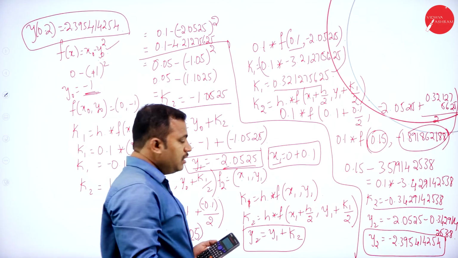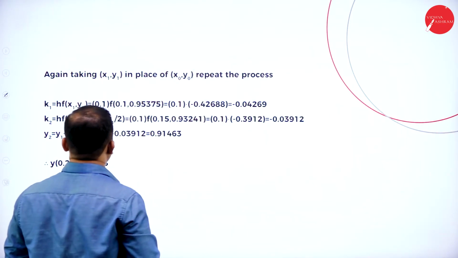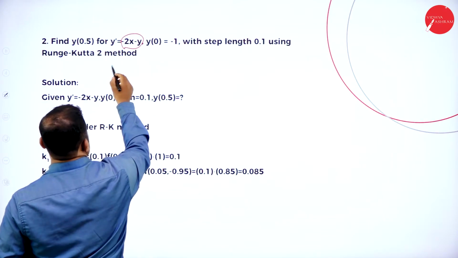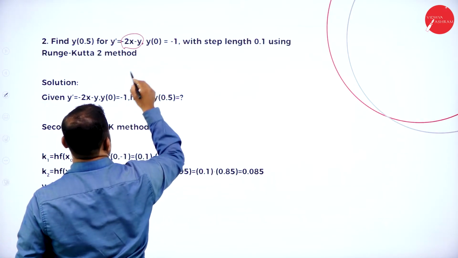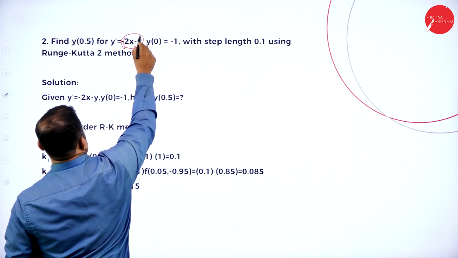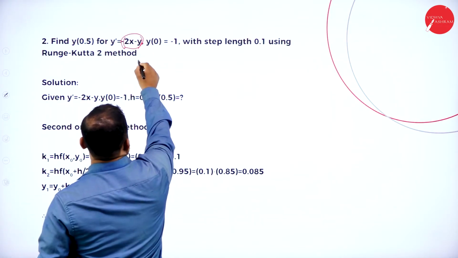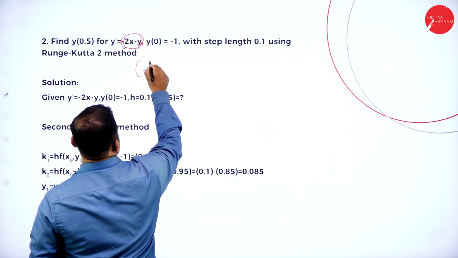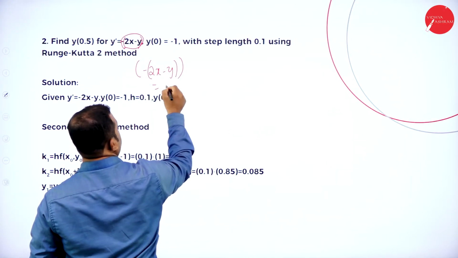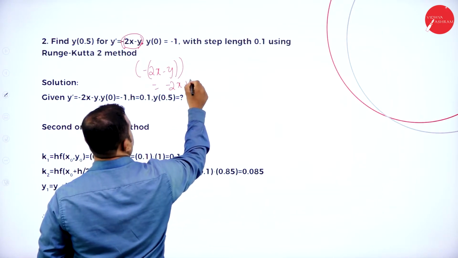So similarly, let me take you into the details of this. Y dash is equal to 2x minus y is the function. Minus 2x minus y, that is equal to minus of this term. Yes, minus 2x minus y, which can be further simplified into minus 2x plus y.